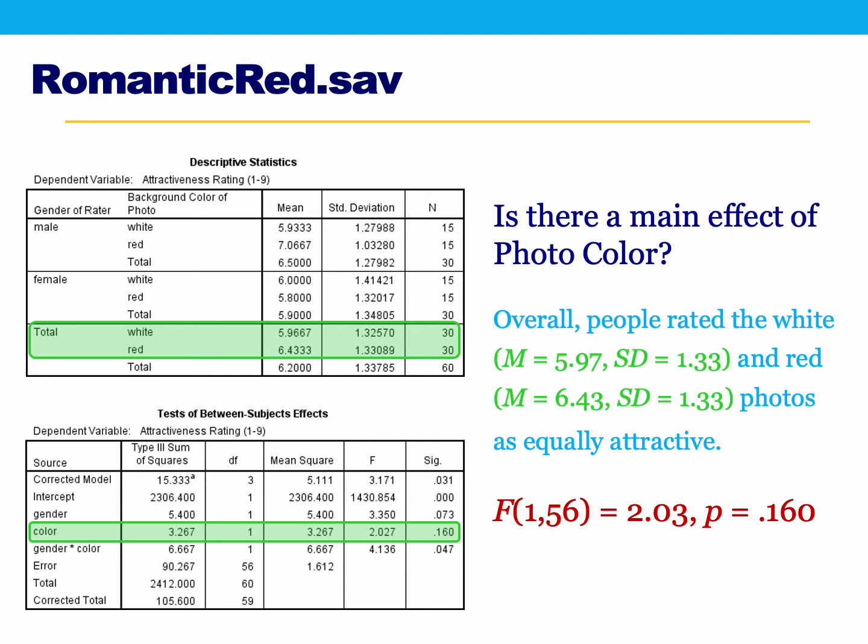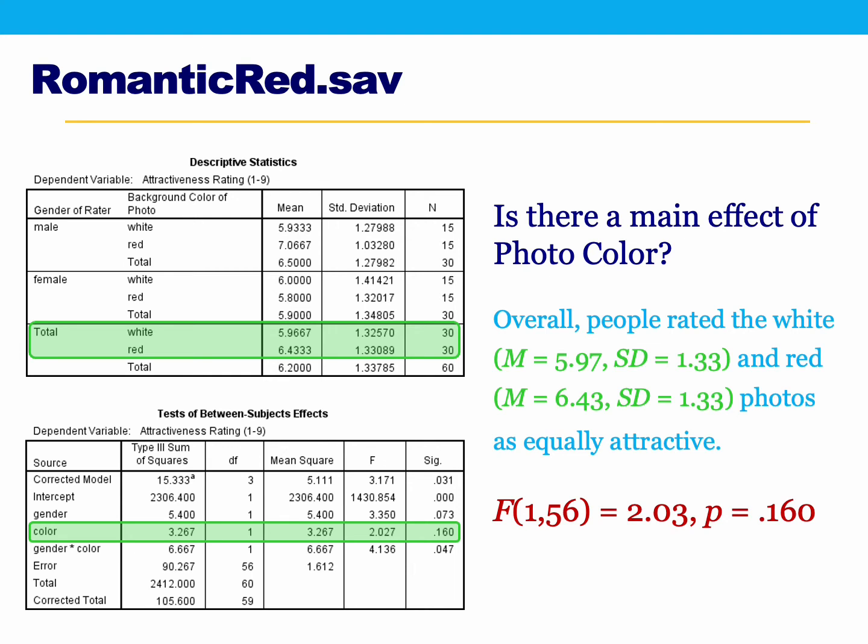That's going to give us the total means for white versus red, ignoring the gender of the rater variable. What we see is the mean attractiveness rating, regardless of gender, was 5.96 for white photos, and 6.4 for the red photos.